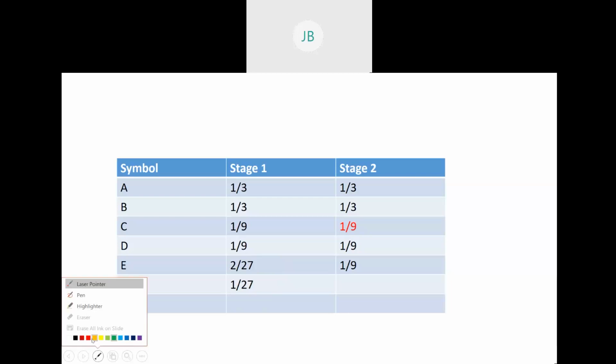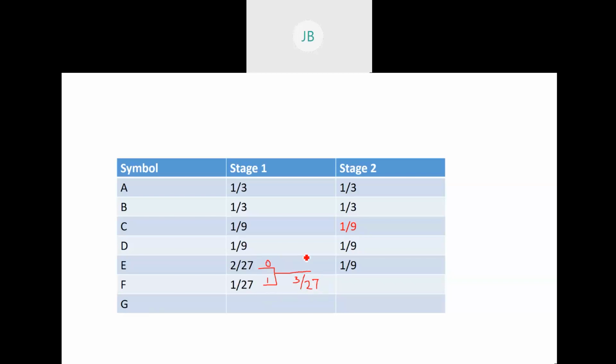I use my pointer here again. The value generated here is 0 and here a 1. The new value generated is 3 by 27, which is also equal to 1 by 9.